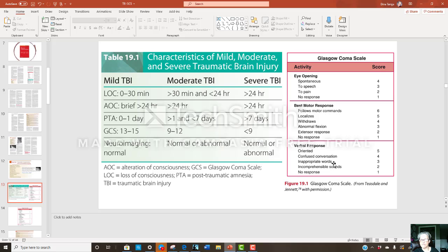If they had confused conversation, which is a 4, and localized motor response, which would be a 9, they would need spontaneous eye-opening to get a mild TBI. So 13 to 15, mild. 9 to 12, moderate. Less than 9 is severe TBI.